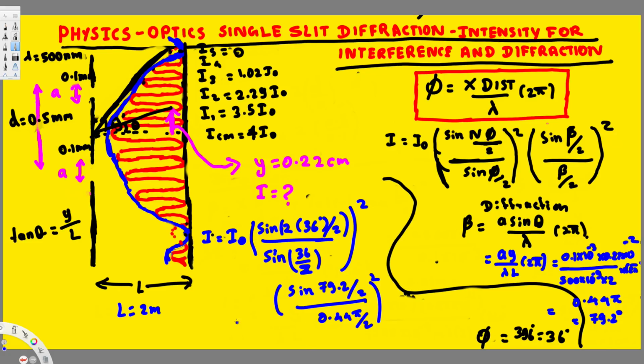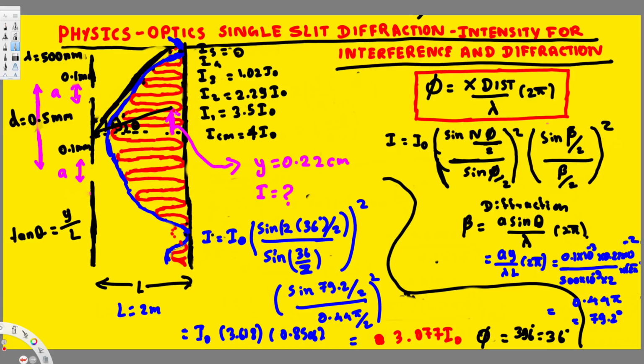After that, if you calculate this one, you will get I naught times 3.618, and if you calculate this part, that's going to give you 0.8506, and finally the total value you will get is 3.077 I naught. So that's going to be our final answer.